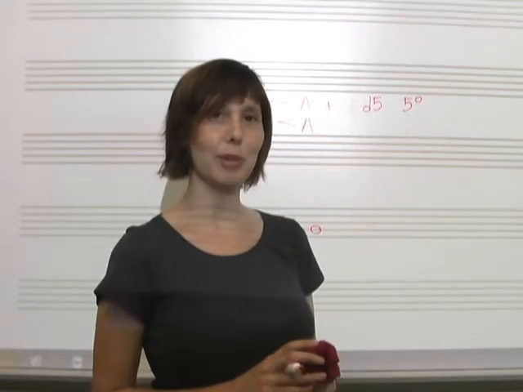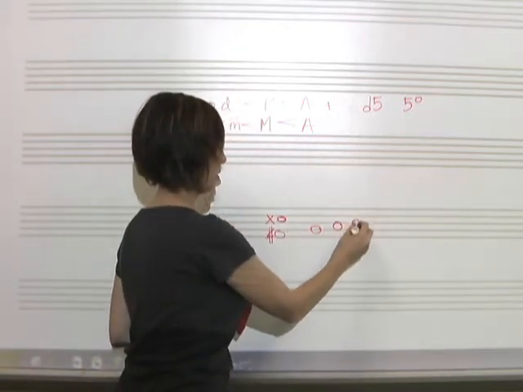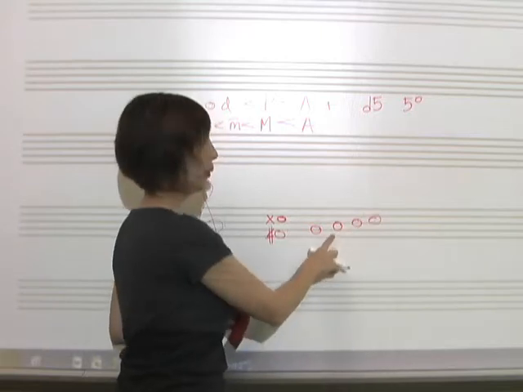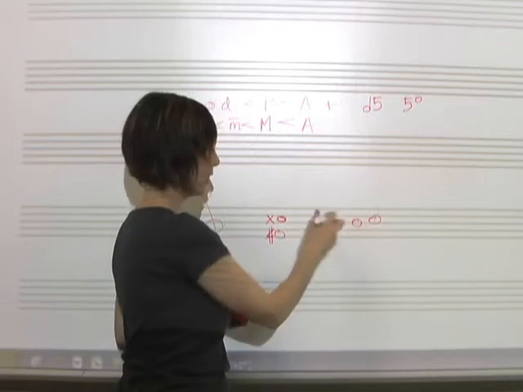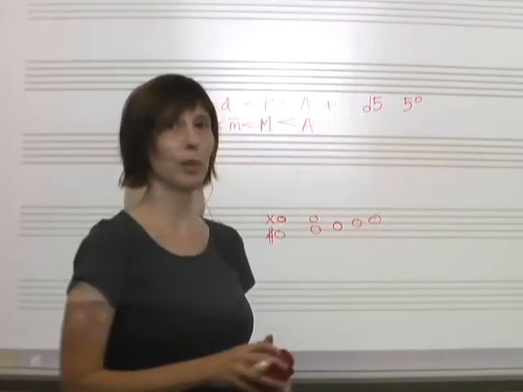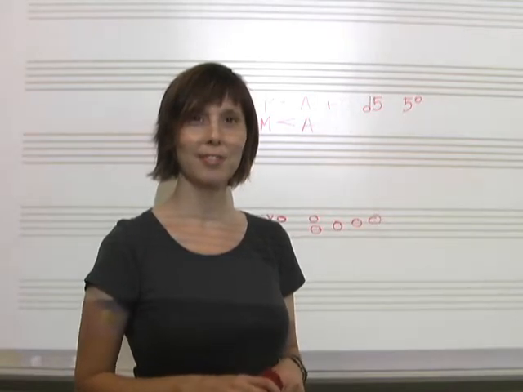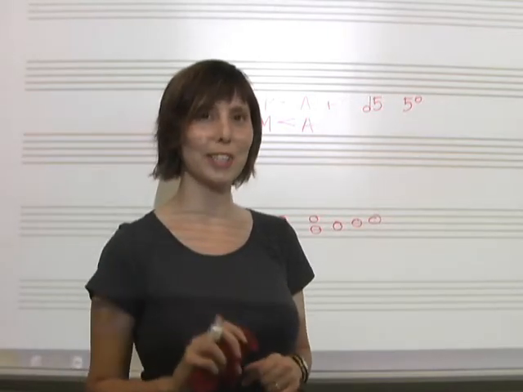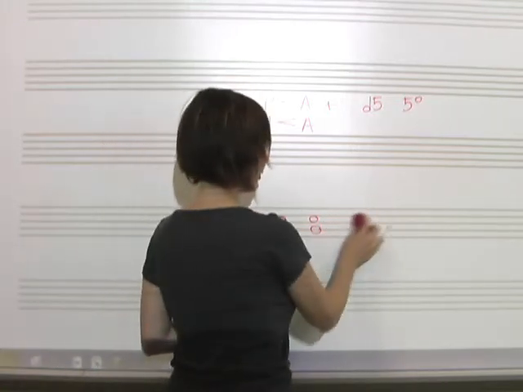Let's think of the G major scale. Whole, whole, half. Okay, C is a fourth above G. What kind of a fourth is C above G? Very good, it's perfect. I just wanted to see if anyone would say major. It's a perfect fourth.